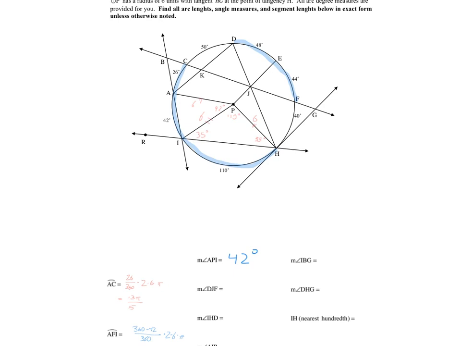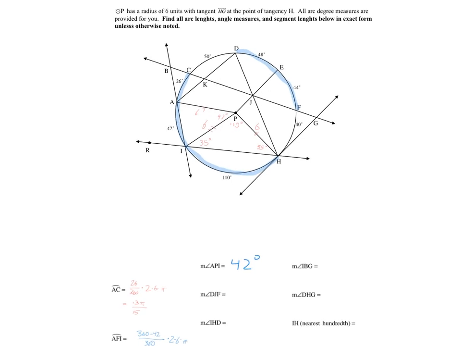So what we want to focus on here is averaging these two. So this is going to be 92 plus 178, divided by 2. That's a little bit large, so let me zoom in here so we can write that at an appropriate size.